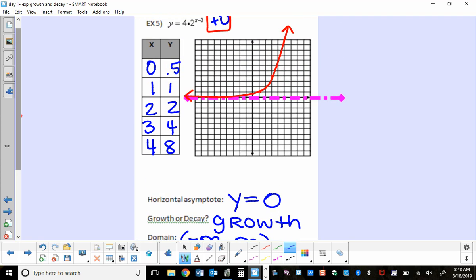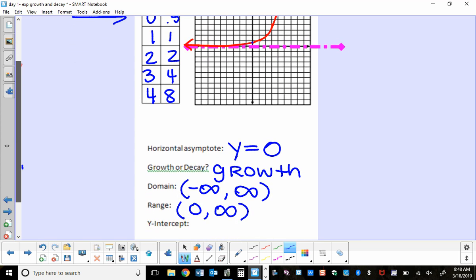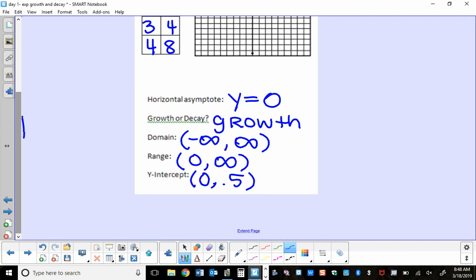Your y-intercept, that is not changing. We can find our y-intercept two ways. You're looking to see where it crosses the y-axis, which is there, or just looking at your calculator to see where x is 0. Wherever x is 0 is your y-intercept. So we have 0 and then 0.5. So you can write 0, 0.5, or you can write y equals 0.5.